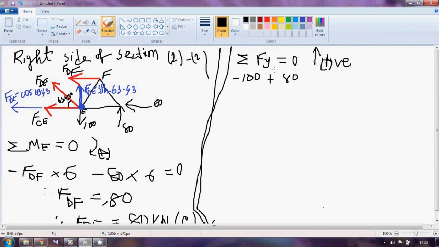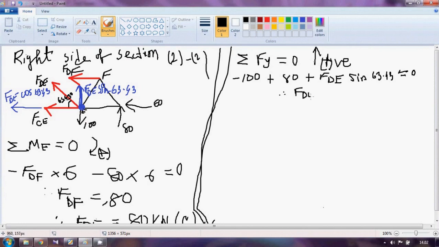There is only one force acting in the y direction, upward, so positive: plus F_DE sine 63.43 equals to 0.